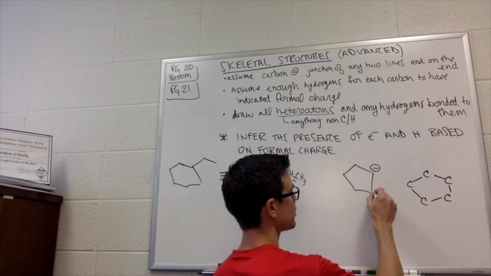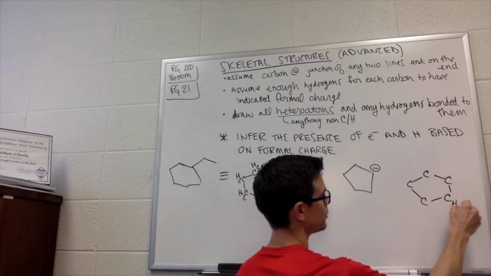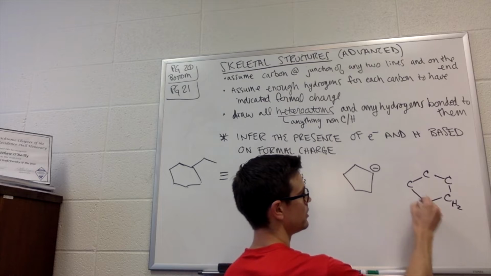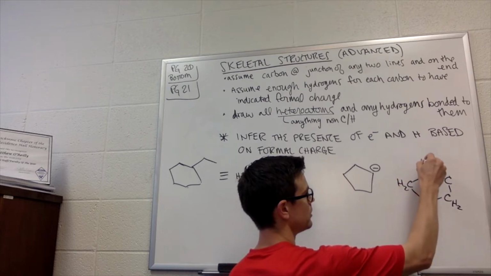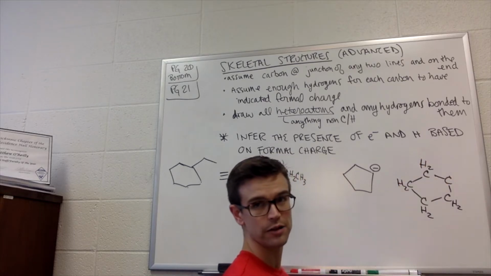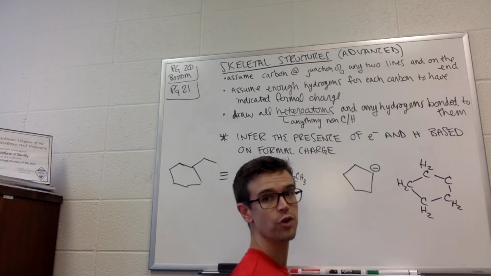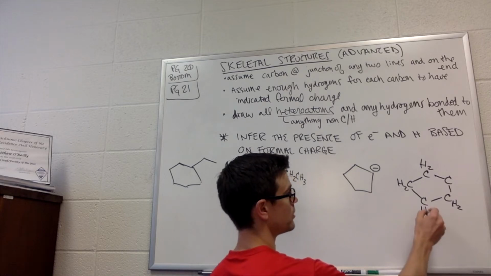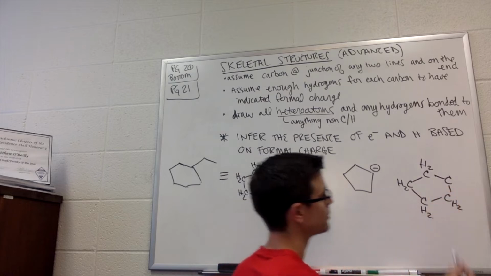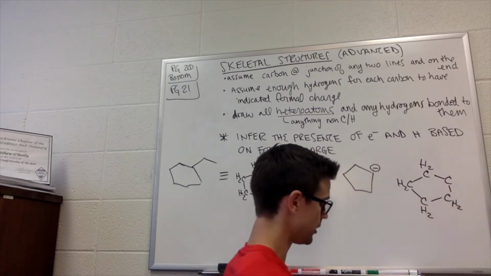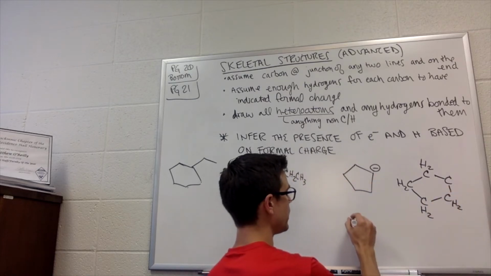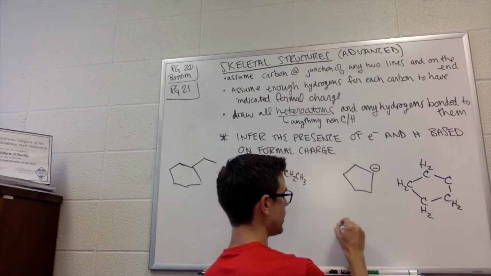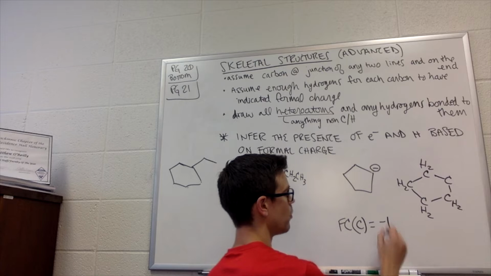So this carbon here has no charge, so it must have 2 hydrogens, 2 hydrogens, 2 hydrogens, 2 hydrogens. Again, those have 2 hydrogens because each carbon, if it's neutral, needs to have 4 bonds. So 1, 2, 3, 4 bonds, 1, 2, 3, 4 bonds. What about this negative charge here? Well, how would a carbon get a formal charge of -1?